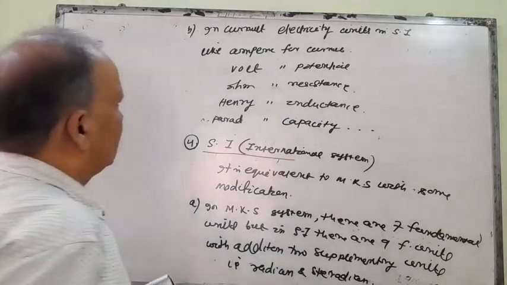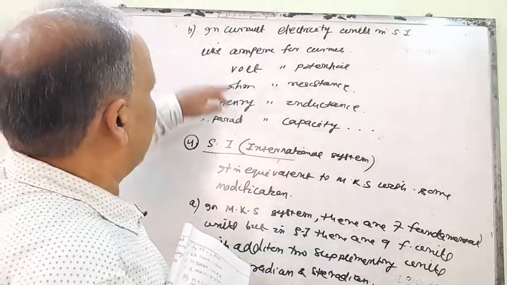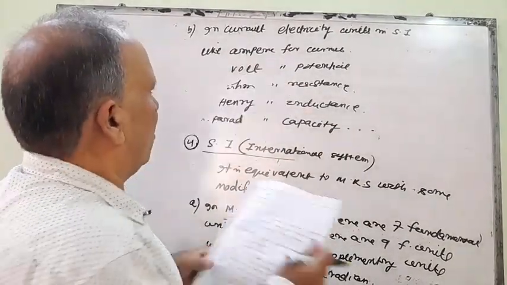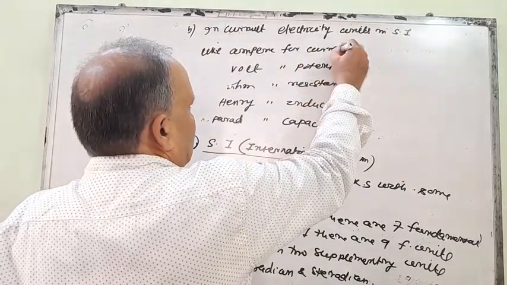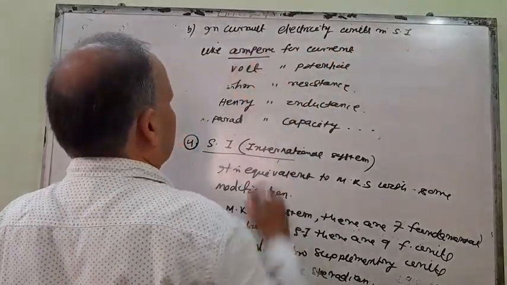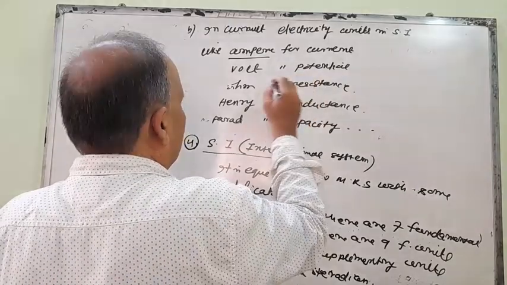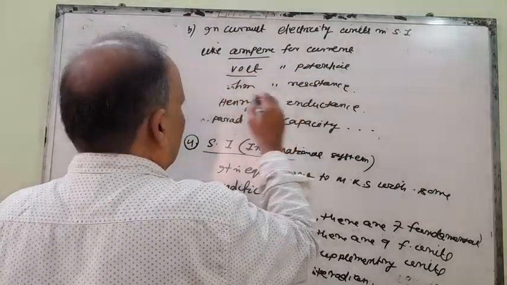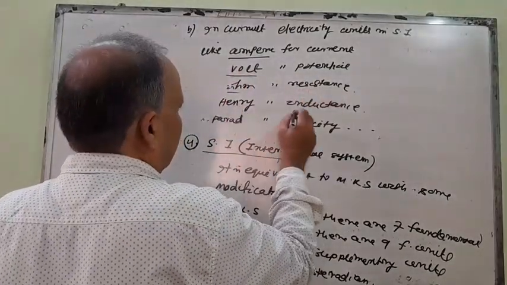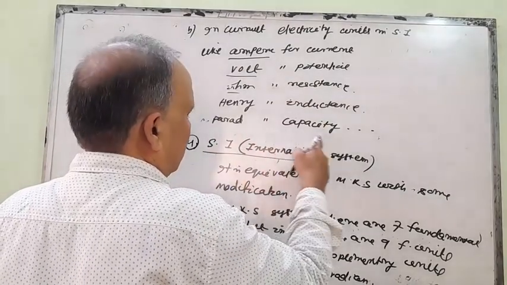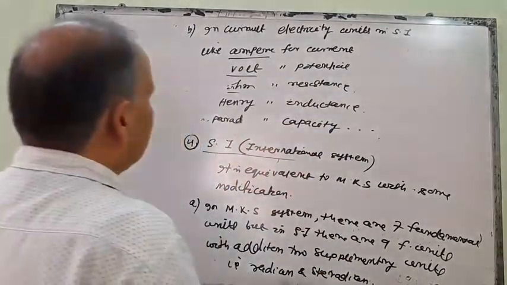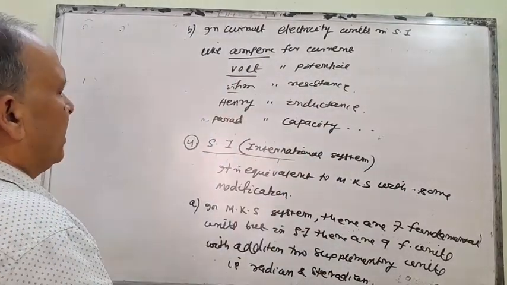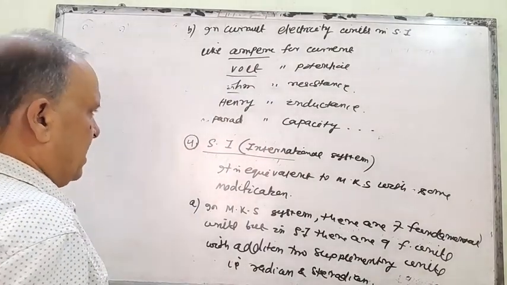Like this, these are introduced in SI. For current it is ampere, volt for potential, ohm for resistance, Henry for inductance, Farad for capacity. These are newly introduced in SI.